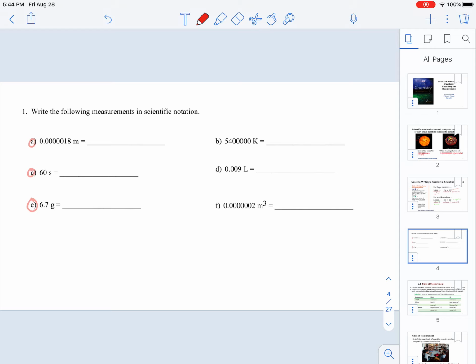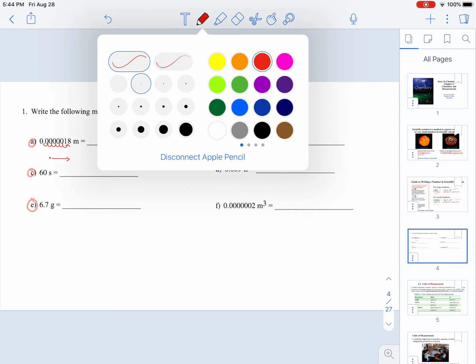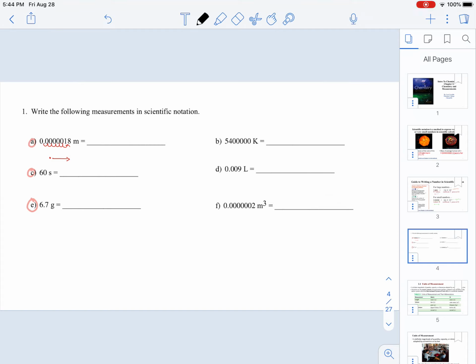So we're going to be moving that decimal place from left to right. And in this instance, it's going to be 1, 2, 3, 4, 5, 6. We move it 6 places from left to right because we want a coefficient that is at least 1 and less than 10. So that means that when we change this measurement in scientific notation, it's going to be 1.8 times 10 to the negative 6. And we're also going to include the unit for measurement, which is the letter M, which stands for meters.